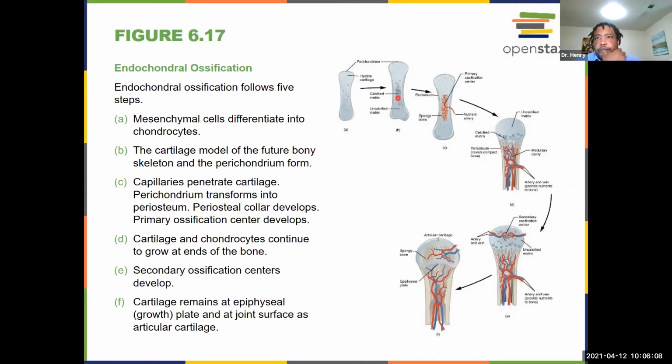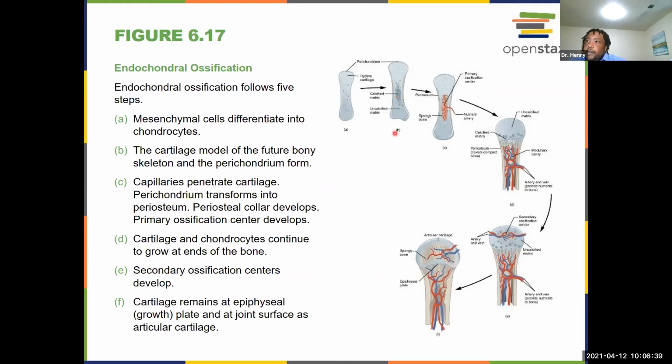And then the cartilage basically starts forming the bony skeletal parts, and then the perichondrium starts to form.